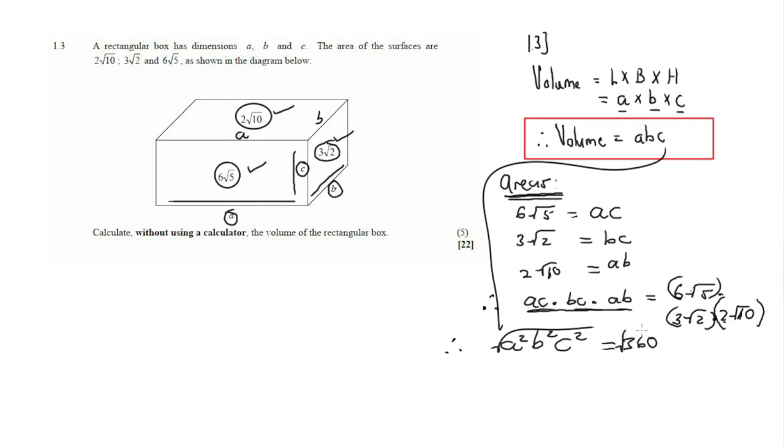So the square root of A squared, B squared, C squared is A, B, C, which is the volume. So the volume is equal to the square root of 360. So this question 1.3 is a form of equation, but it needs you to think outside the box a little, right? These are wildcard questions.